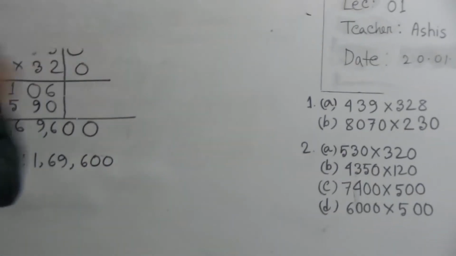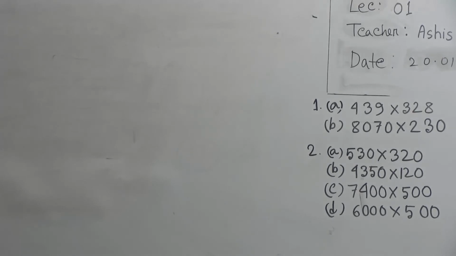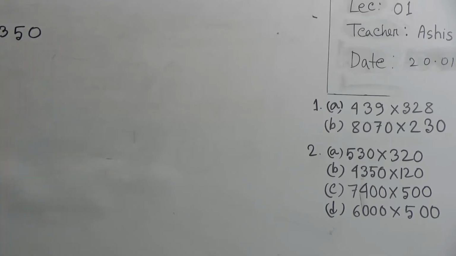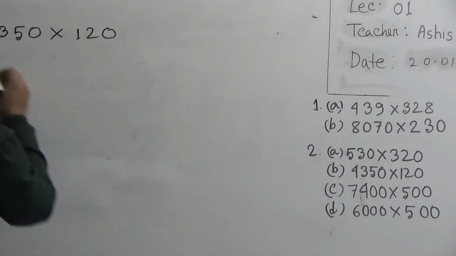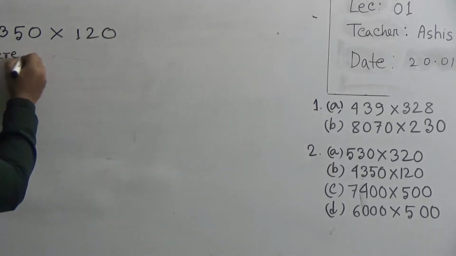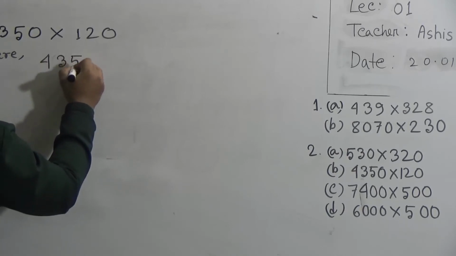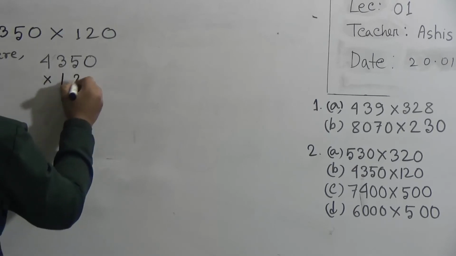Okay. So we shall solve this by the same method. B: 4,350 multiplied by 120. Similar way, at first we write here 4,350 multiplied by 120.